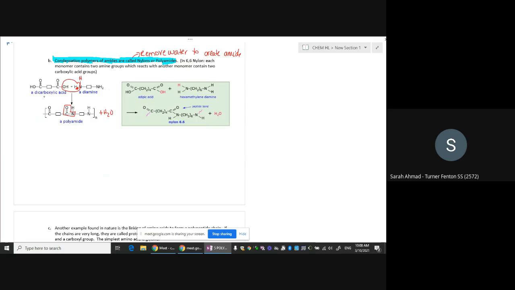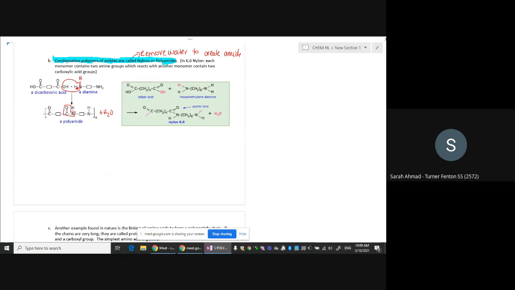Now, if I got a bunch of the dicarboxylic acid and a bunch of the diamine, I'm going to make a nice long chain, right? So the nylons, the old school ones, are made up of adipic acid and hexamethylene diamine, okay?